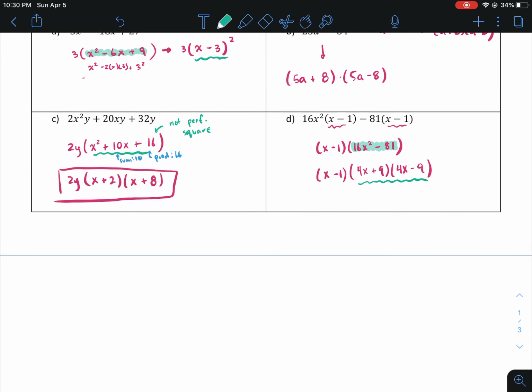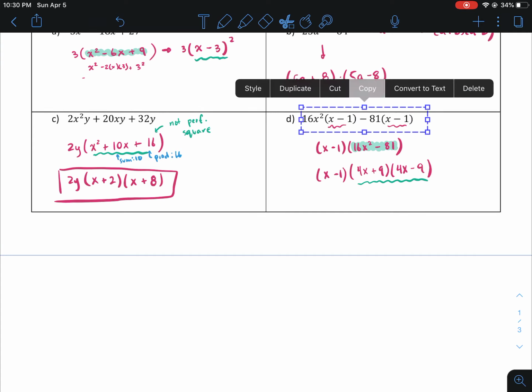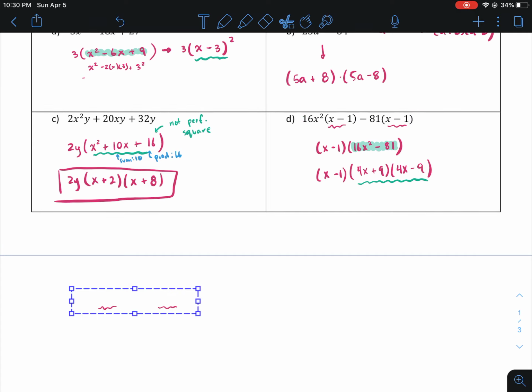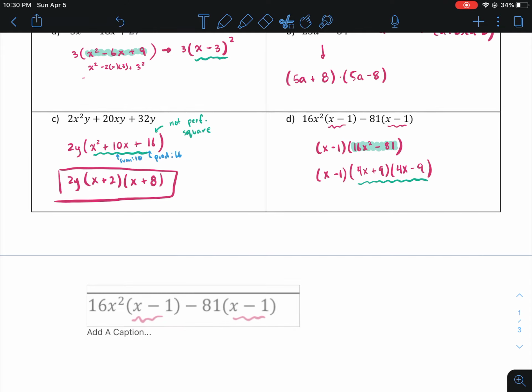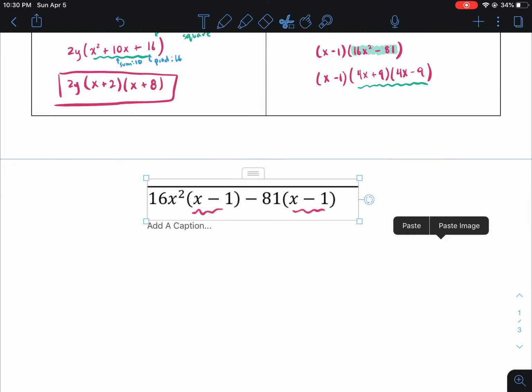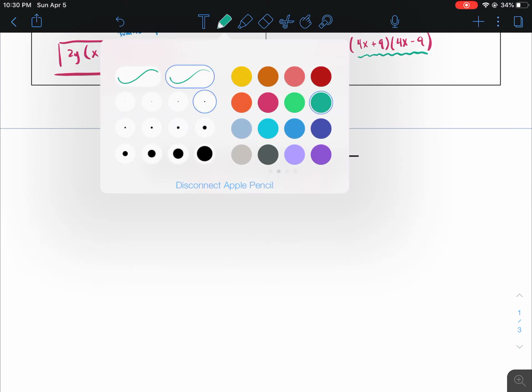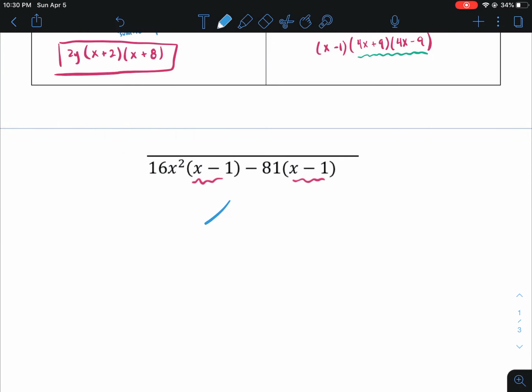Maybe this visual might help. Think about our factor trees, whenever we did prime factorization. Think about breaking this up into factors. We identified the two factors here: if I take out an x minus 1, I'm left with 16x squared minus 81.